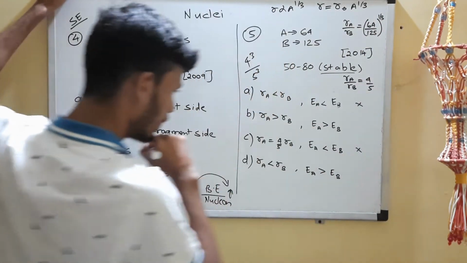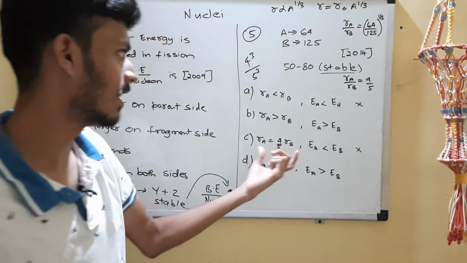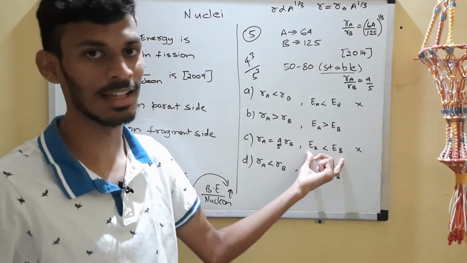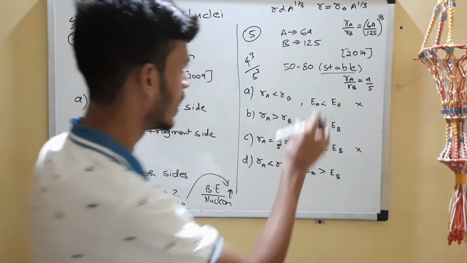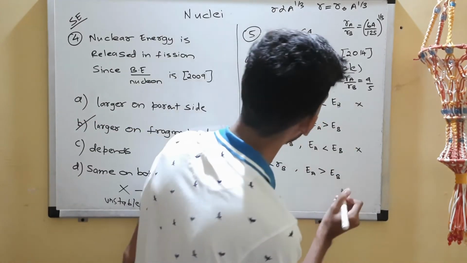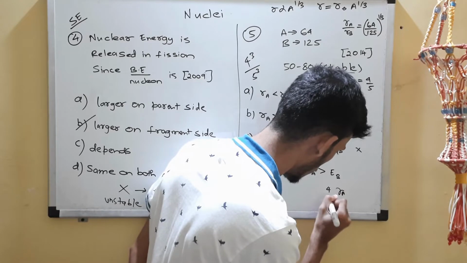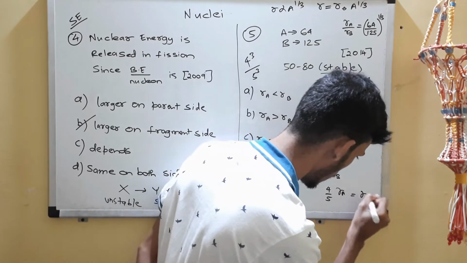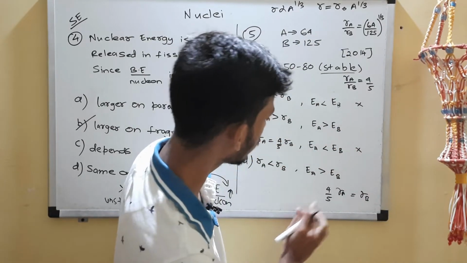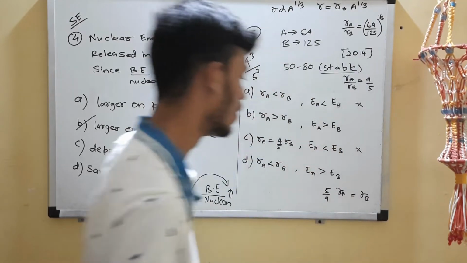Now, very interesting, option C, first part is correct, but this is incorrect. So we have to see whether RA is greater or RB is greater. You can write RA into 4 by 5 is equal to RB. Sorry, it's RA into 5 by 4 equal to RB.